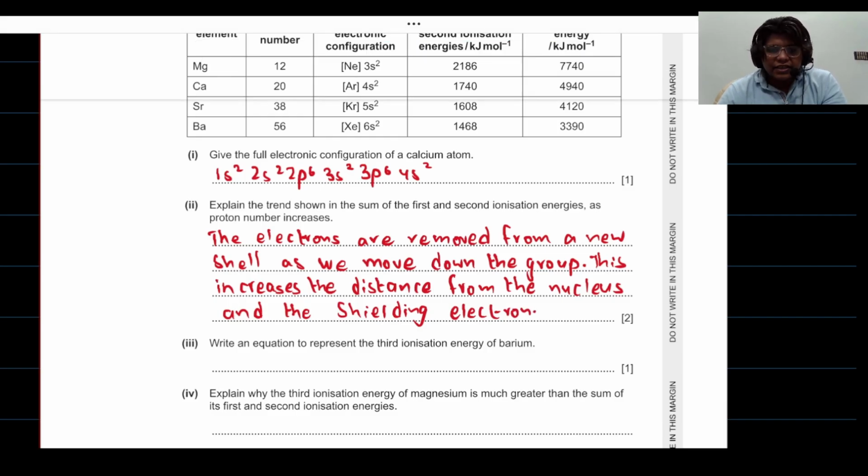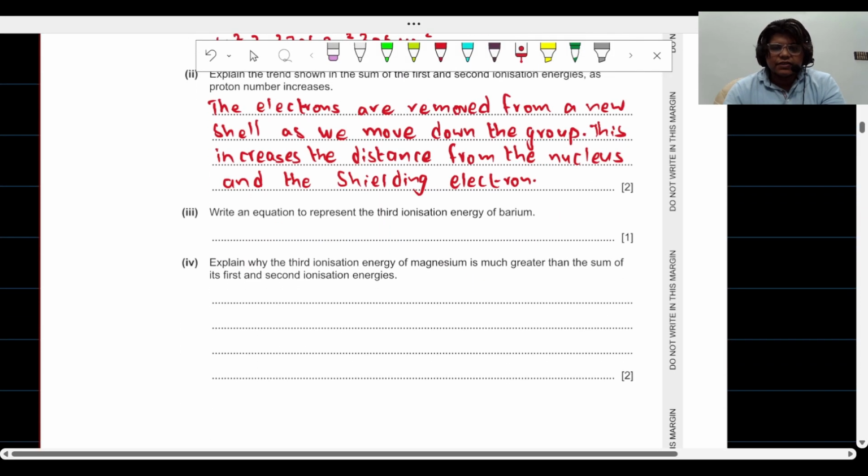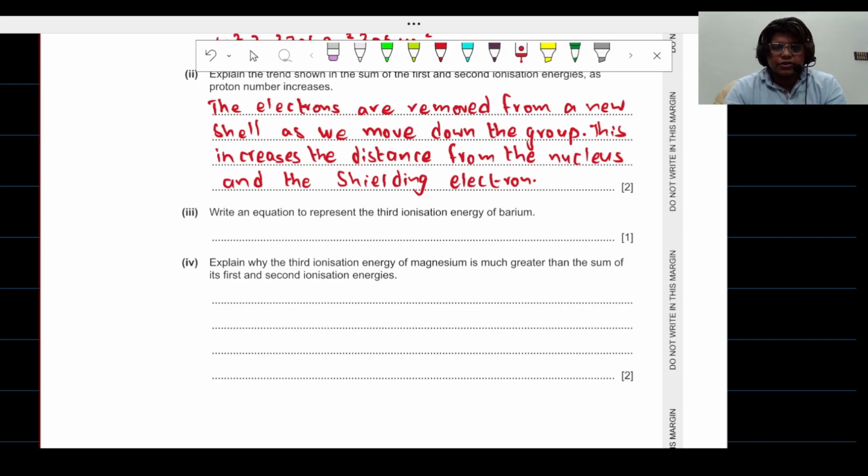Then in part 3 it says write an equation to represent the third ionization energy of barium. The third ionization means that we are removing the third electron, from a gaseous ion of +2.